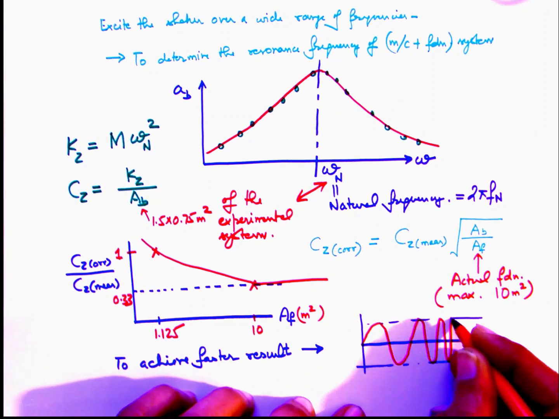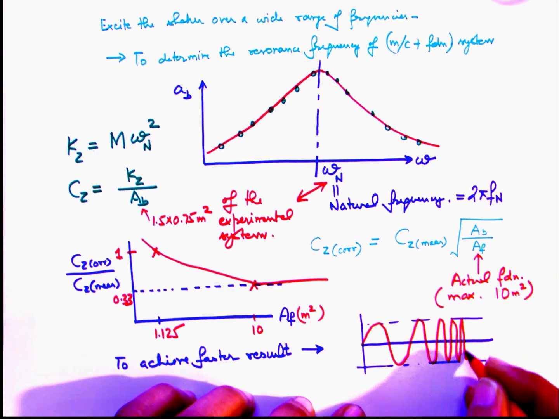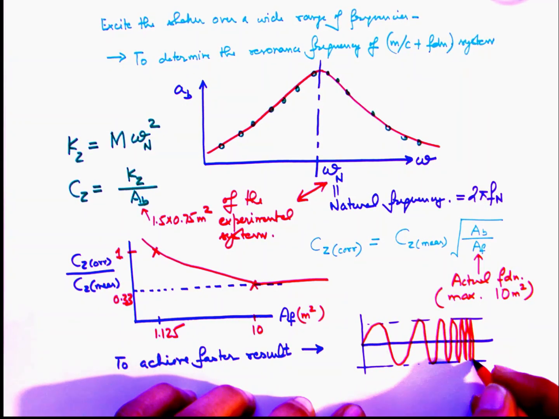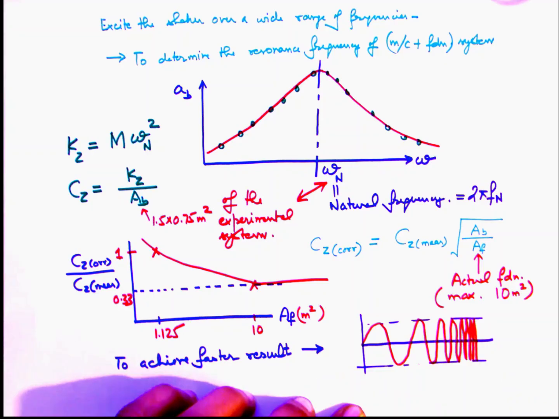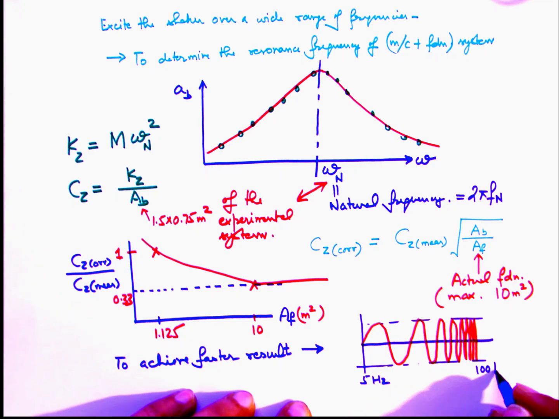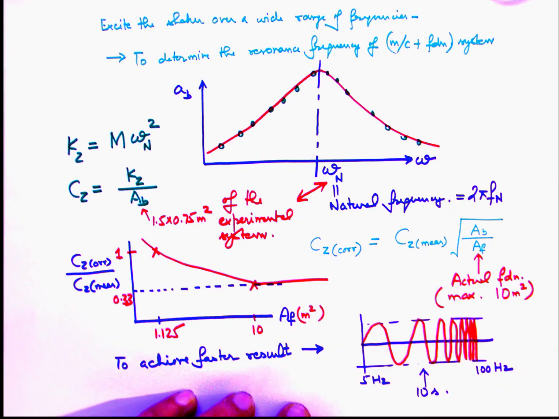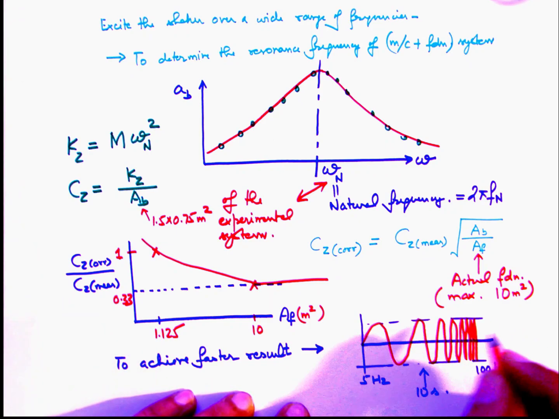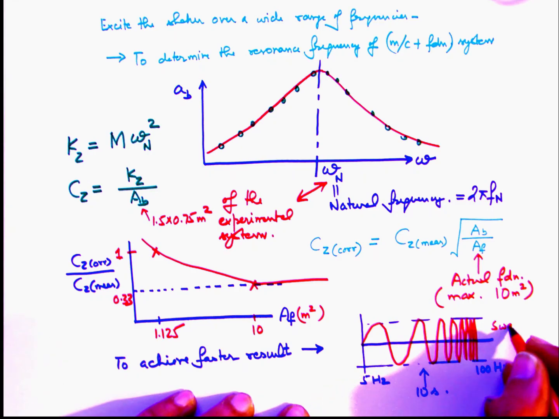So sweep signal means that we are changing the frequencies linearly with time. Say within a very short span of say 10 to 100 seconds, we may very rapidly change the applied frequency, say from 5 Hz to even 100 Hz.